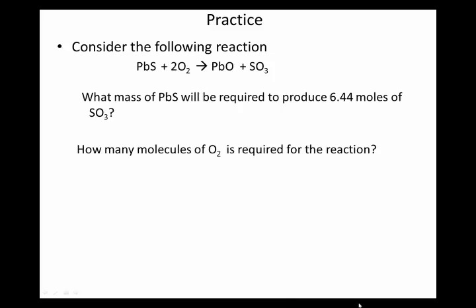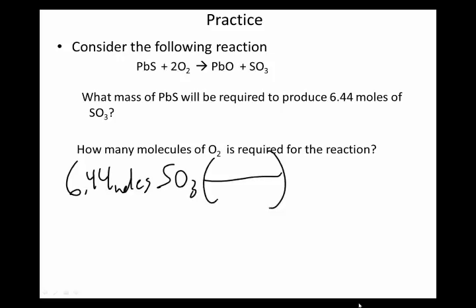Okay, so in the first problem, we're starting with 6.44 moles SO3. Now, I don't need to convert to moles because I'm already in moles. All I need to do is go directly, so I've got moles SO3, and I want to know about PbS. The relationship is just 1 to 1, and I get that from the balanced chemical equation here.